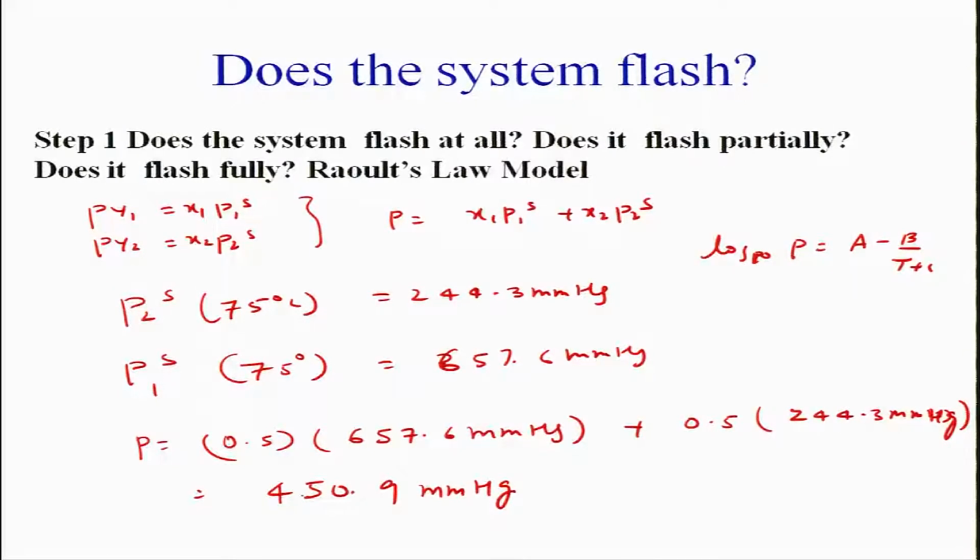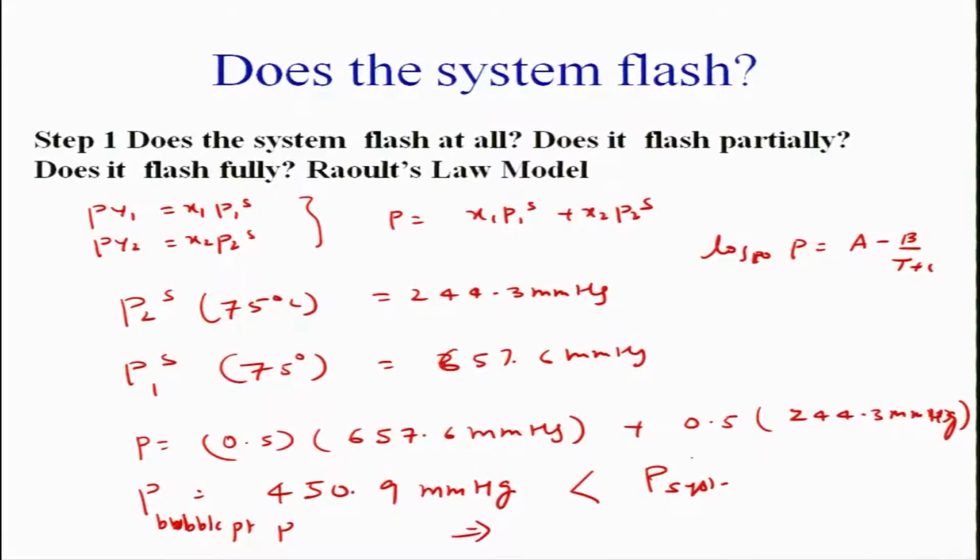Now, this is the bubble point pressure, and the pressure given here is 460 mmHg. So, basically this is less than 460. What does that mean? The bubble point pressure is less than the system pressure.